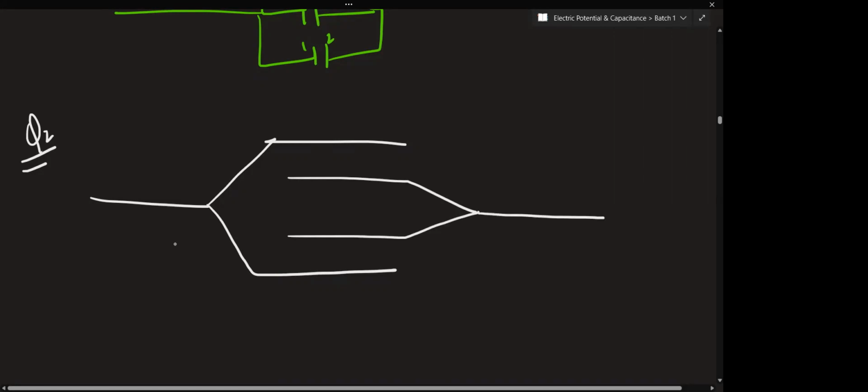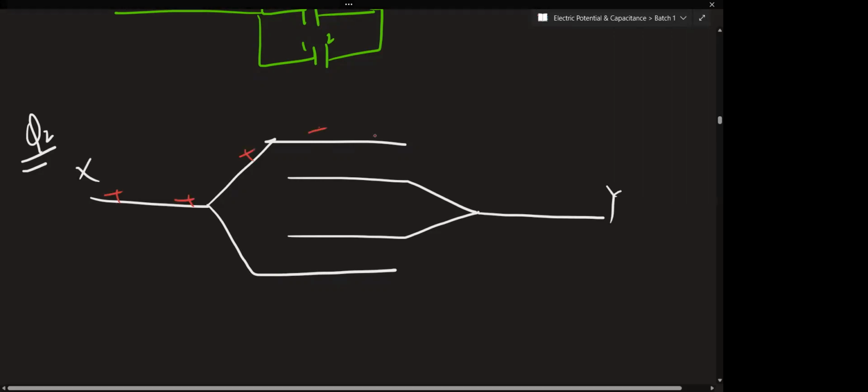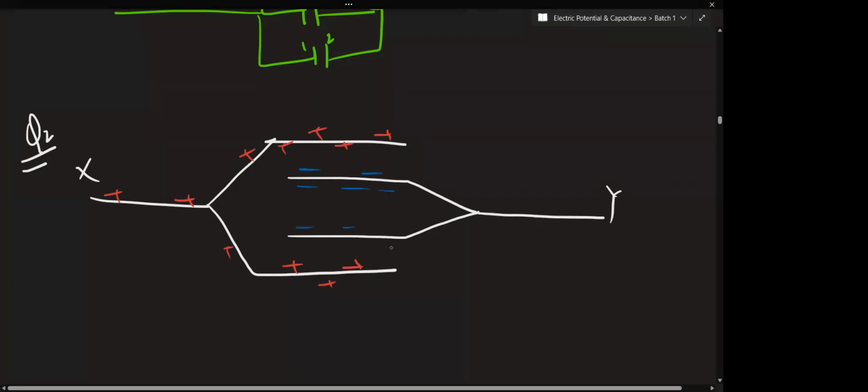Now, this is X, this is Y. Let's say I've connected it and this becomes, for example, positively charged. This is positively charged. This is positively charged. Obviously, the other plate will become negatively charged.